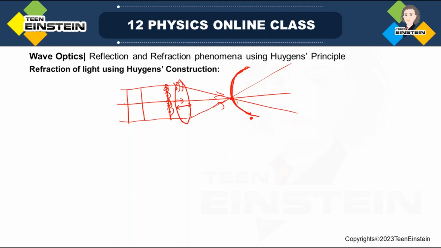In case of a mirror also we can show this. And in case of refraction by a prism, this part is thinner, this part is thicker, this part is further thicker, isn't it? So when a plane wavefront passes through this prism, the thinner points will move faster than the middle point.